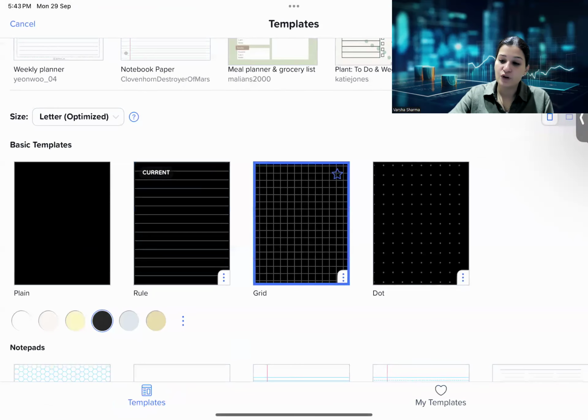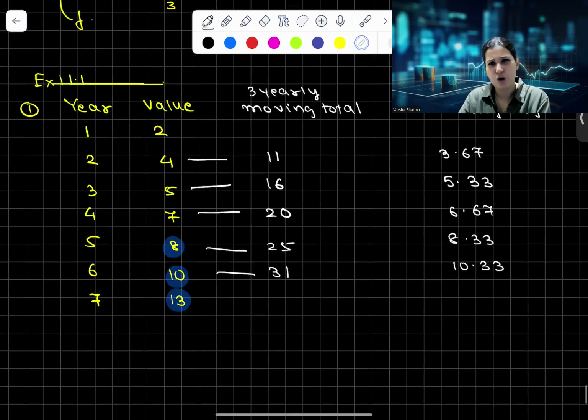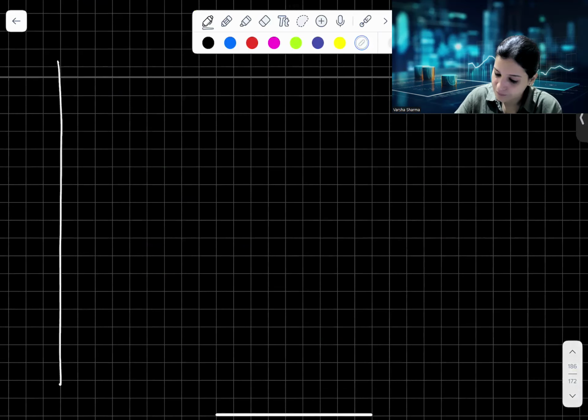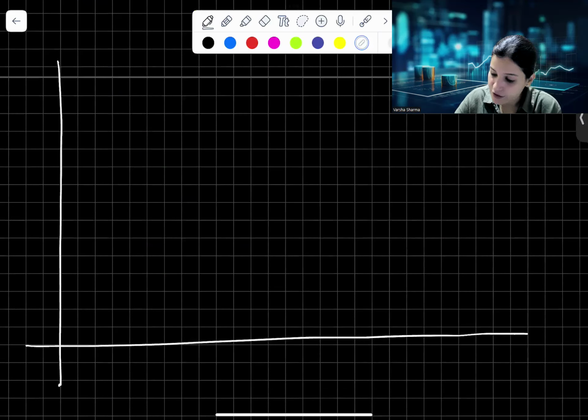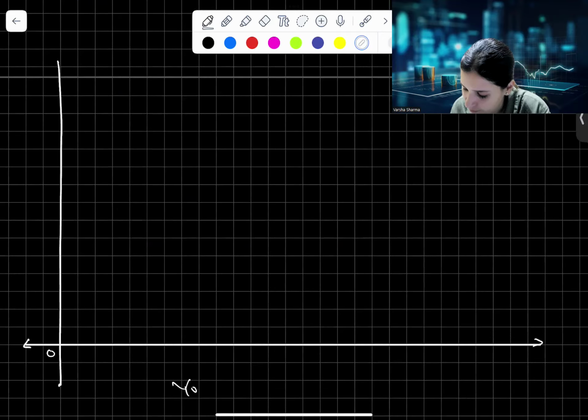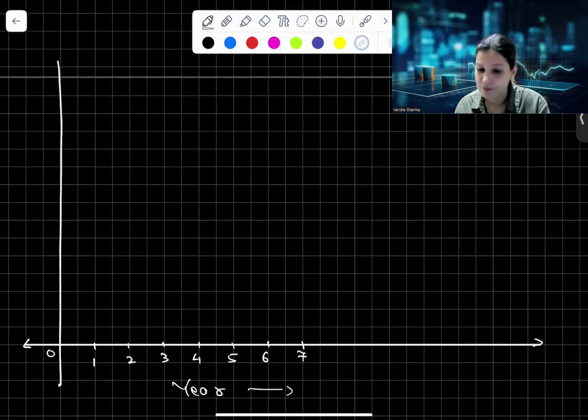Now, sometimes it may also be asked to draw the graph along with it. Usually we draw it in the copy only. In the x-axis, we always have the time. Always the time. Here this will be year: 1, 2, 3, 4, 5, 6, and 7.